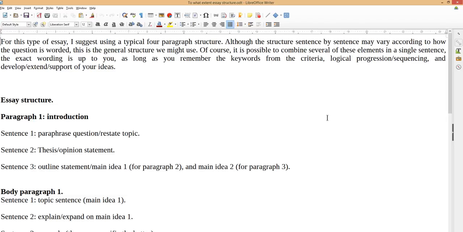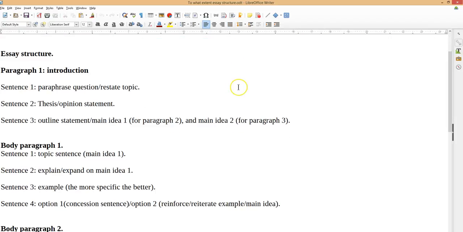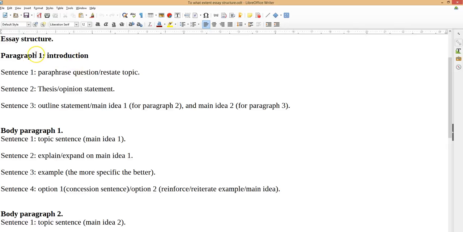So, as I suggested, a typical 4-paragraph essay, that's the structure in general, and the structure sentence by sentence was basically for the introduction. We paraphrase the question, which is what we basically do for every question type.